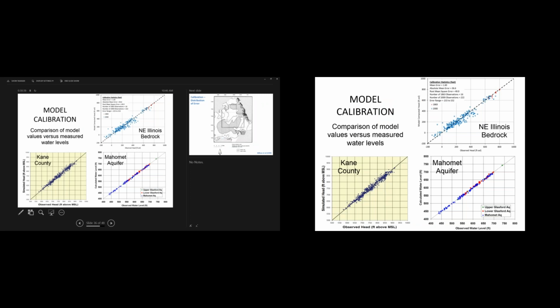Here's a bunch of our calibration curves. So you can see I'm very retentive about getting the curves. The Mahomet Aquifer, obviously I spent the most time on that. I can go back and show you what the Northeast Illinois bedrock one used to look like.